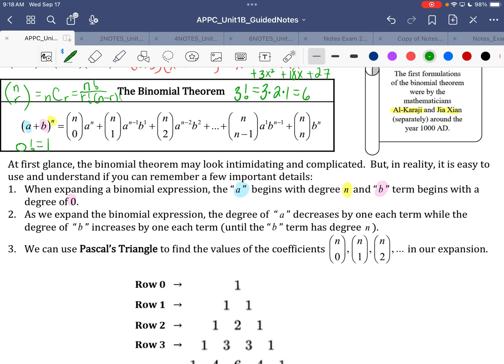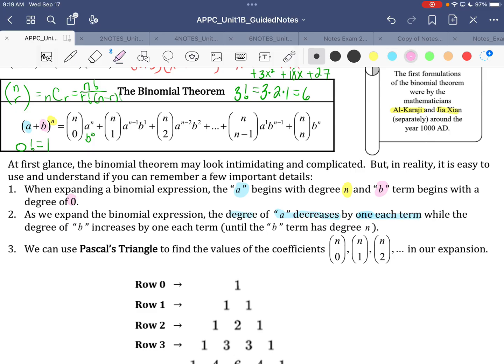So that's why in this first expansion there's no B, because what's anything to the 0 power equal? 1. Then, as we go, the A term decreases by 1 for each term. So between every plus sign, the exponent decreases by 1.